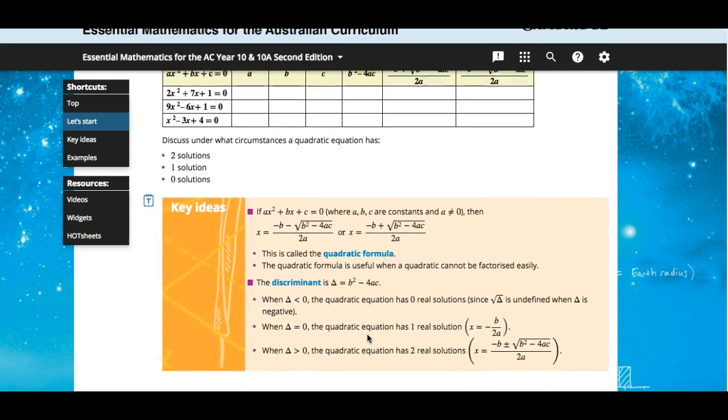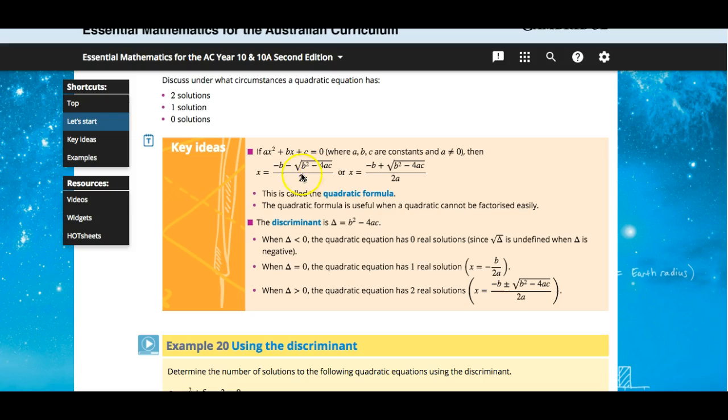All right, your key ideas. So basically when your quadratic is in expanded form, you can have up to 2 solutions. So remember your parabola, and let me just quickly draw this for you. Hopefully by now you remember that your parabola can have 2 solutions.